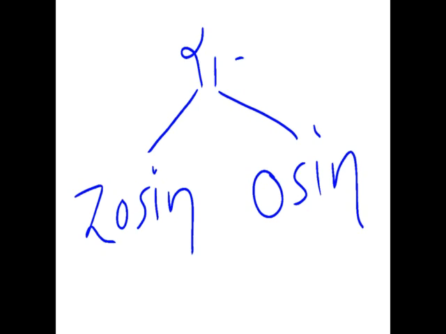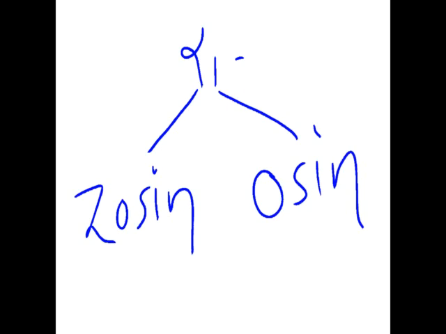So they are classified into these two parts. The zosin means prazosin, terazosin, doxazosin. These are the drugs which come under the alpha 1 blockers, and osin means silodosin and tamsulosin. These are the alpha 1 selective blockers having osin in their name.